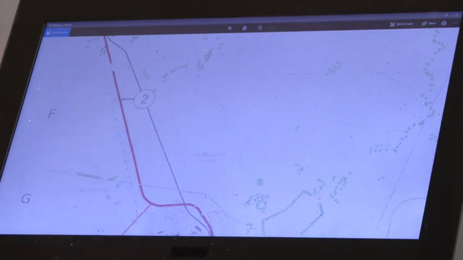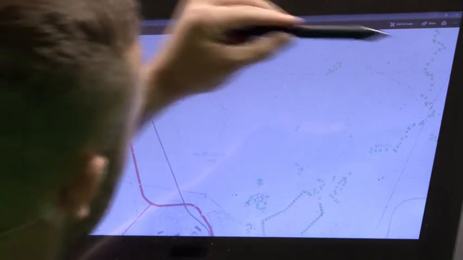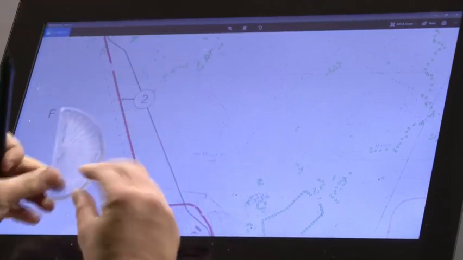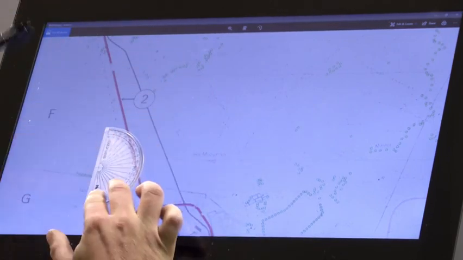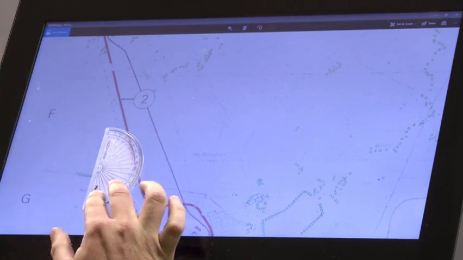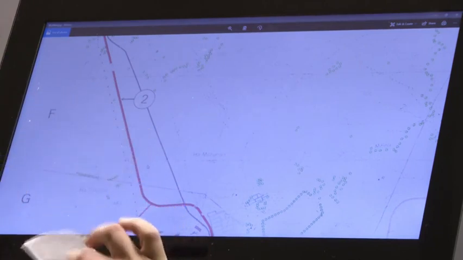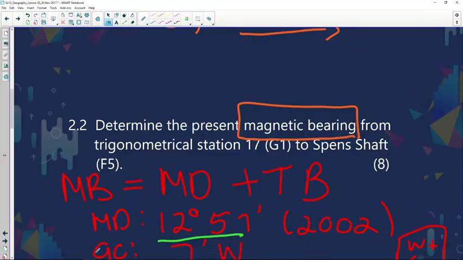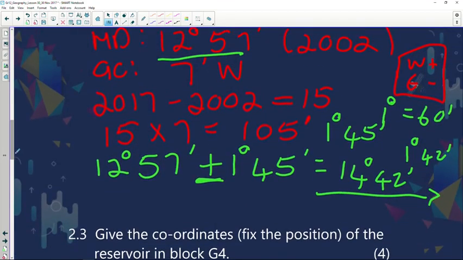Draw a north-south line. Place your protractor on your north-south line and read your information in a clockwise direction. Very important. And the correct bearing that you will get on the map is 80 degrees. So the bearing that we get is 80 degrees.